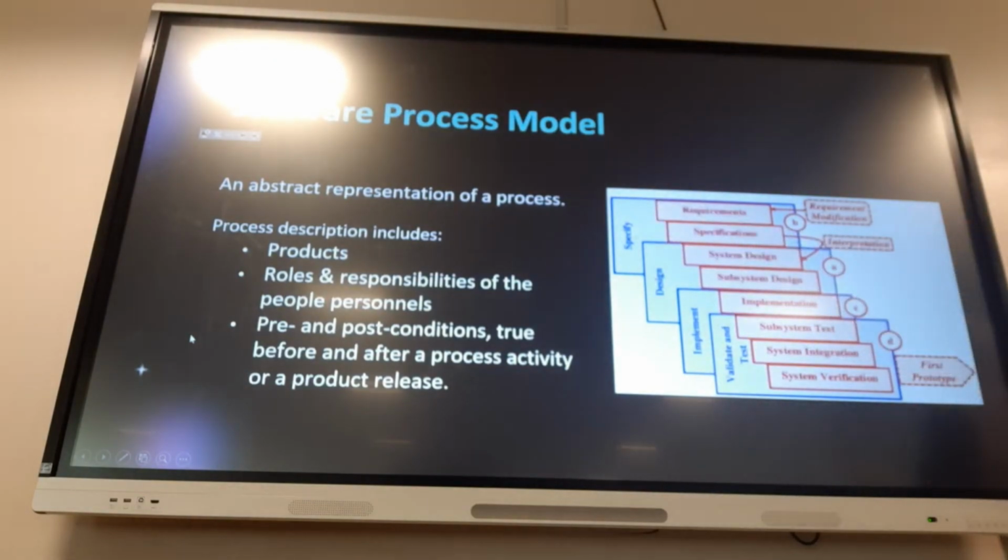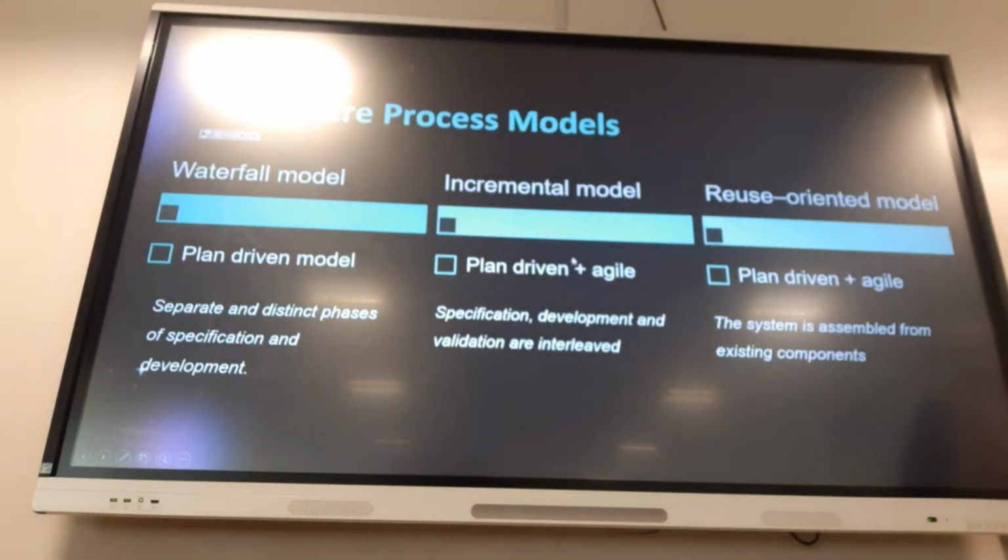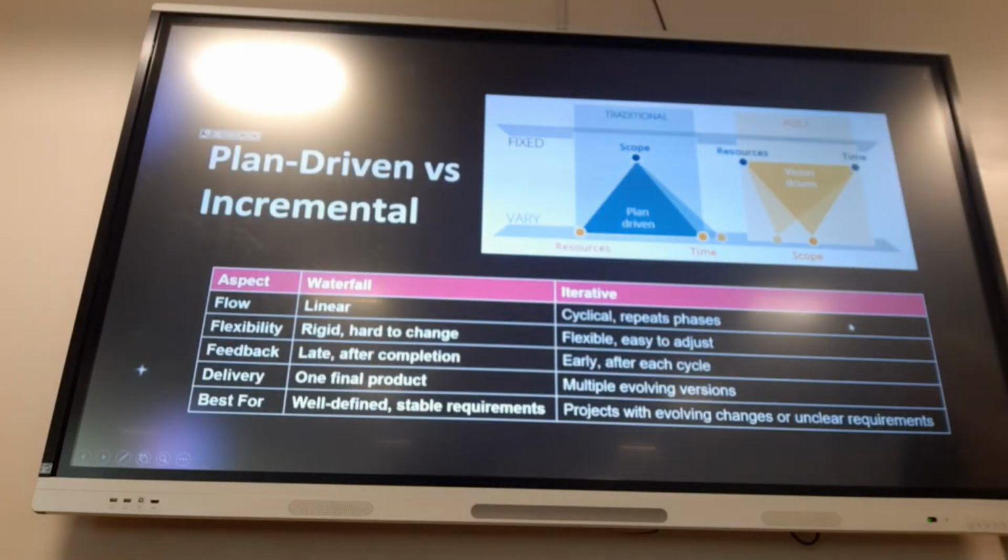They don't overlap at any point. With the incremental, we say that specification, development, and validation are interleaved. With the reuse, we can say that you assemble a system from existing components. Okay, let's compare first when to use each, then we will start taking some examples.